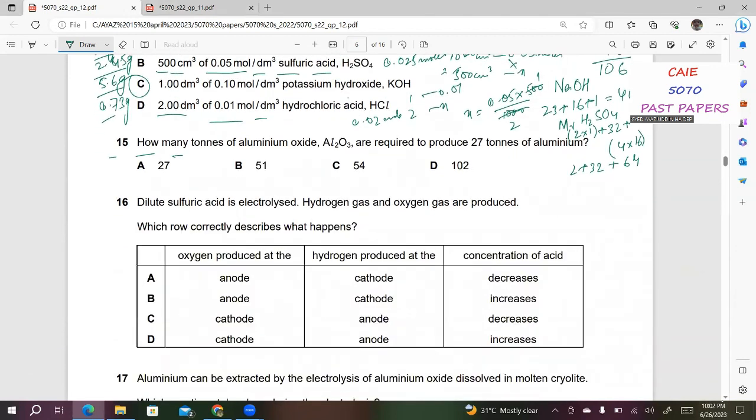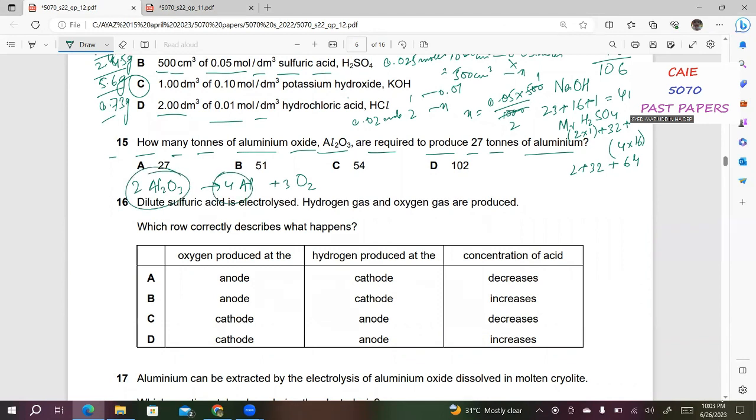15. How many tons of aluminium oxide Al2O3 are required to produce 27 tons of aluminium? Let's write down the formula first. If you break Al2O3, you will get Al plus O2. Let's balance the equation. We have 2 Al2O3 giving 4 Al and 3 O2. We are concerned with Al and Al2O3.